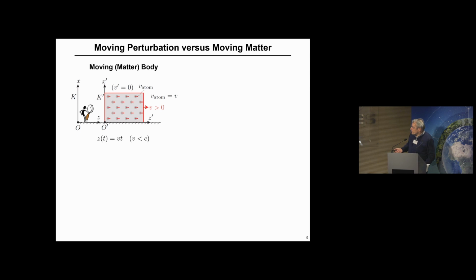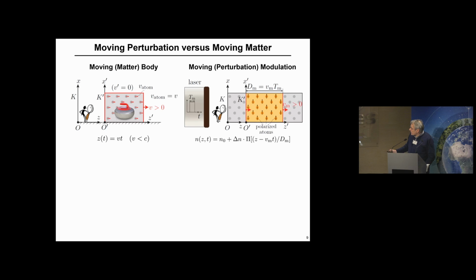So it's important to distinguish moving perturbation from moving matter. With moving matter, think of a curling stone: all the molecules and atoms move, with a moving frame that moves with the particle. In contrast, in a moving perturbation, think of a laser-pumped system. The atoms and molecules only vibrate about their bound condition in the solid, and only the interfaces move, corresponding to a traveling-wave refractive index of that form.